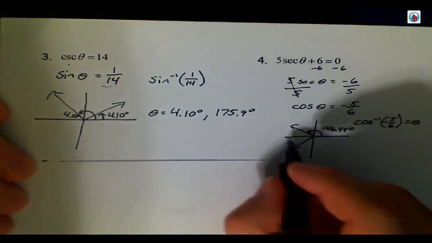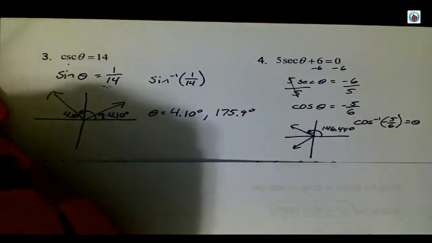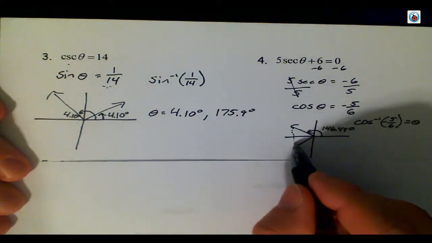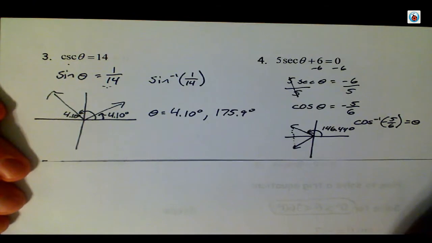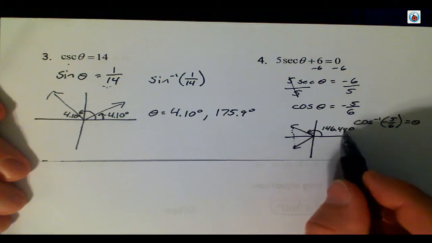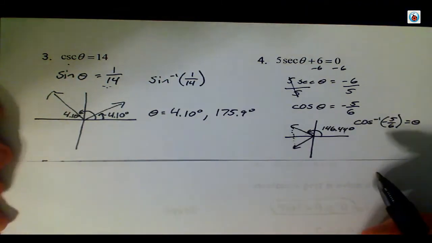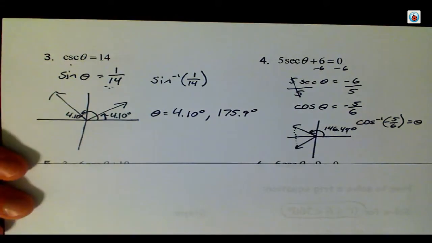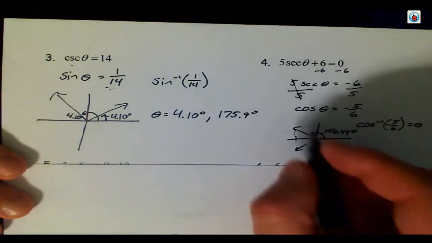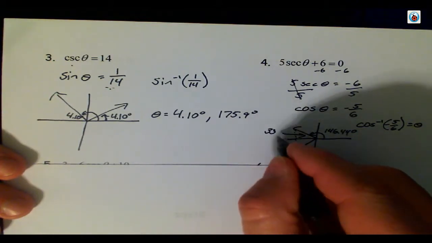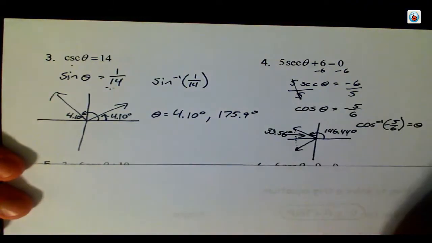Now, this one's a little bit more tricky because we need to find out what this reference angle is to be able to figure out what this other angle is. All you have to do is subtract 180 from this, and when you do that, you get 33.56 degrees.